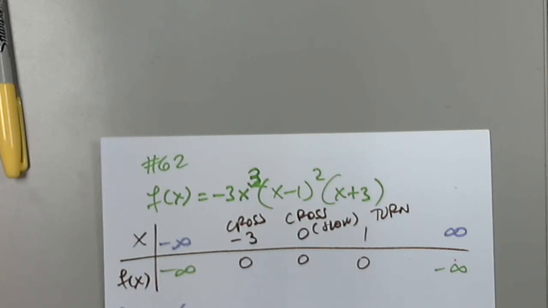Because it has to come back at 1, 0 where it turns and then comes down to negative infinity. One more time. From negative infinity, it's crossing at negative 3, 0. It has to turn because it has to come back and slowly cross at the origin. Now it's crossing. It has to come to a minimum. Why? Because it has to come back to the x-axis at 1, 0 and turn again, and then come down to negative infinity.